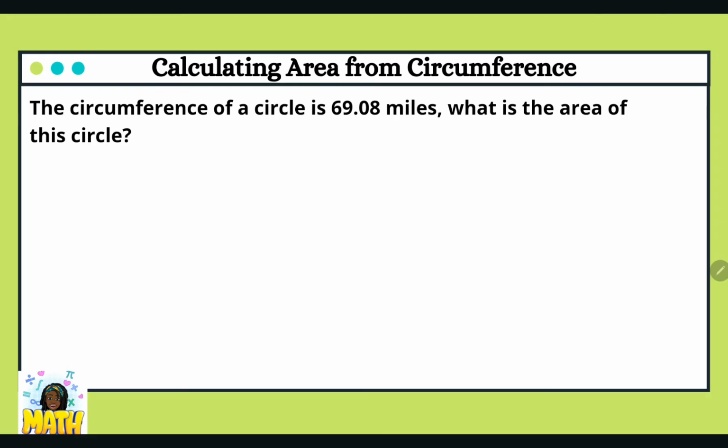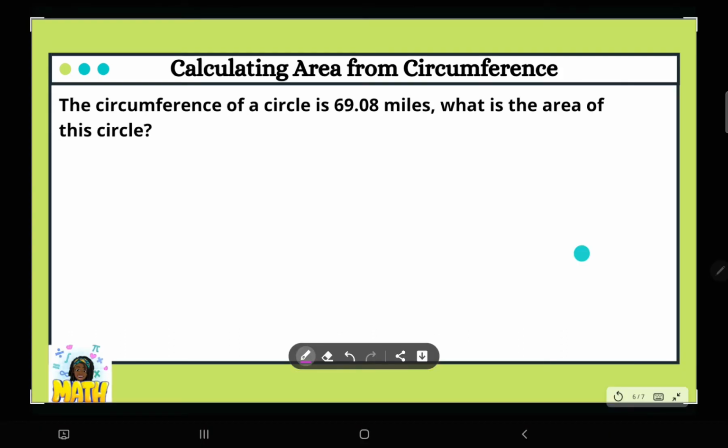Our next example, the circumference of a circle is 69.08 miles. What is the area of that circle? So we're starting off again with our formula for circumference, which is C equals pi d. And then we're replacing the pi with 3.14.